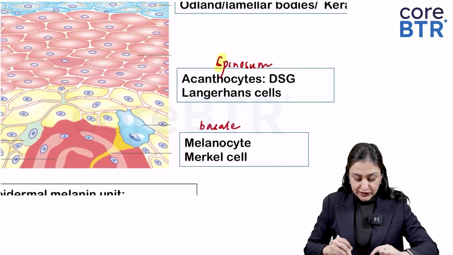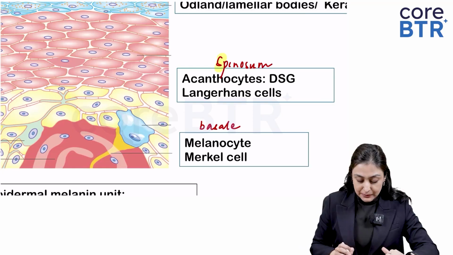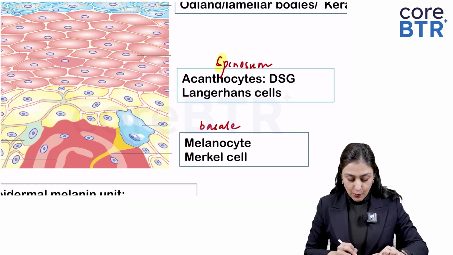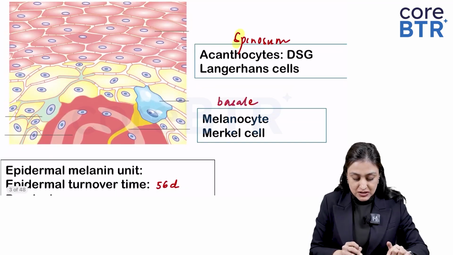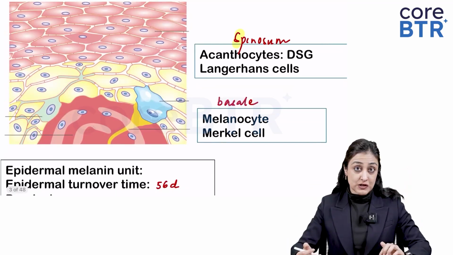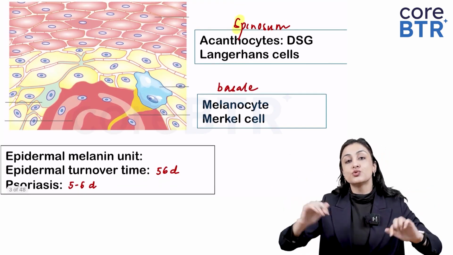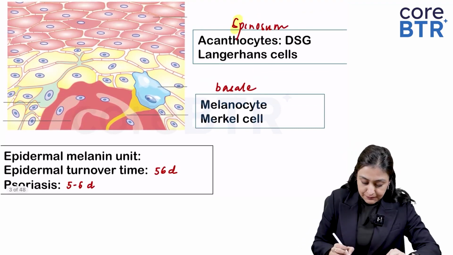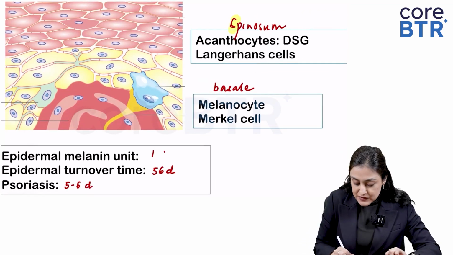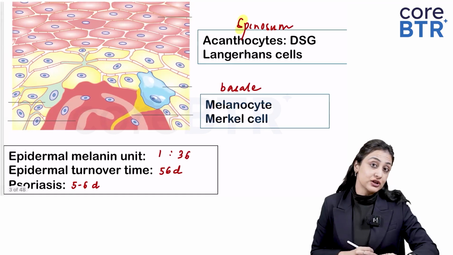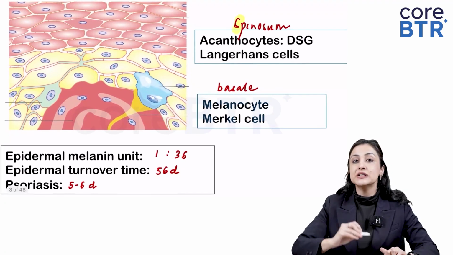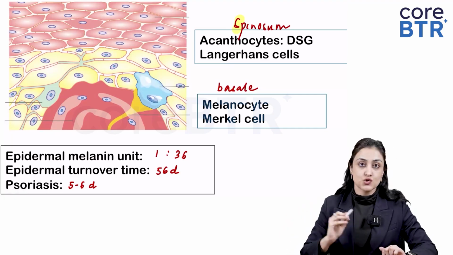So now going on to the different cells. What lives in basale are the two M's. So one, you have the melanocyte. Can you see the cell which has these dendritic processes? So this is a melanocyte that distributes melanin to different cells. To be precise, one melanocyte gives melanin to 36 different keratinocytes, and that's called the epidermal melanin unit. 1:36.